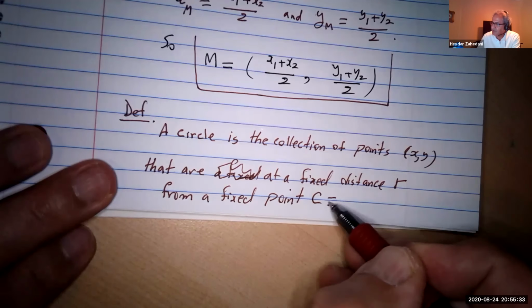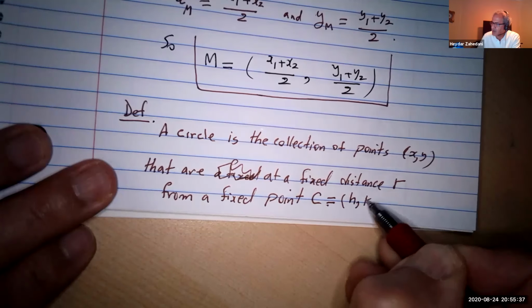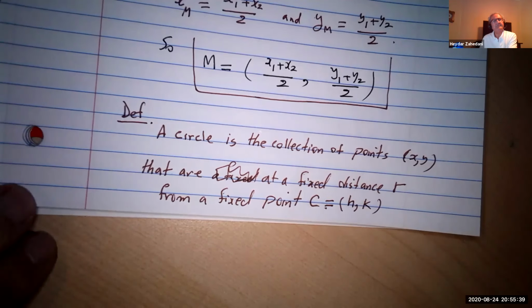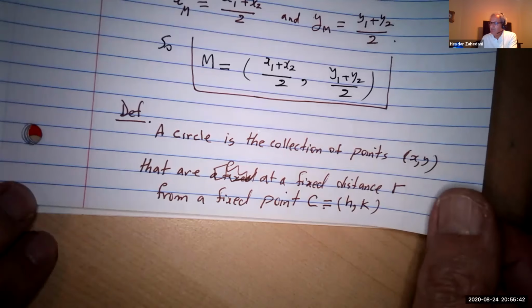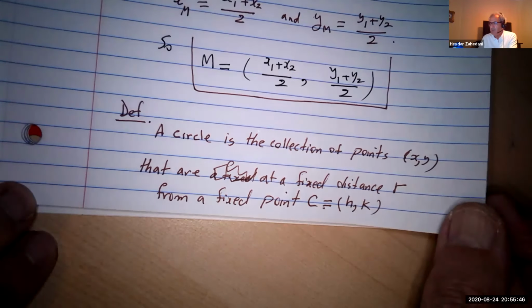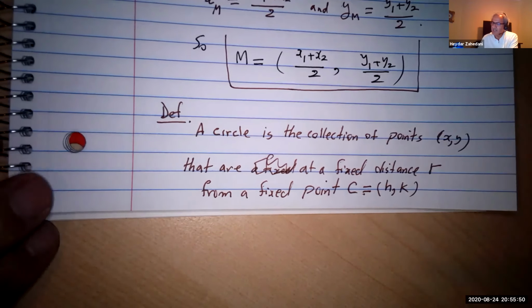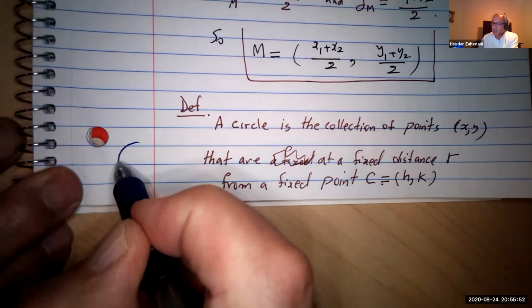I'm going to denote the coordinates of this fixed point h comma k. That fixed distance r is the radius, and that fixed point C is the center. You see that's going to be the case.